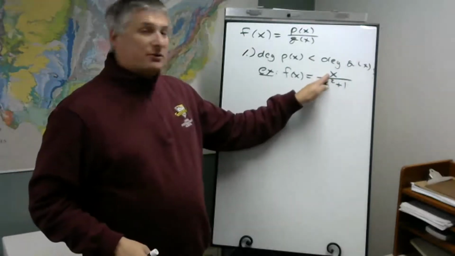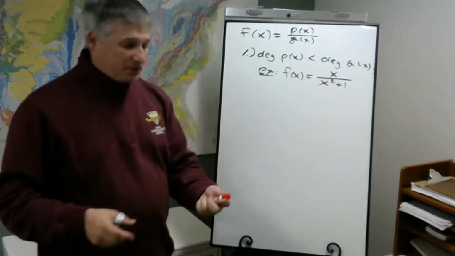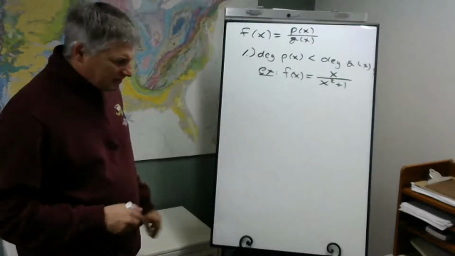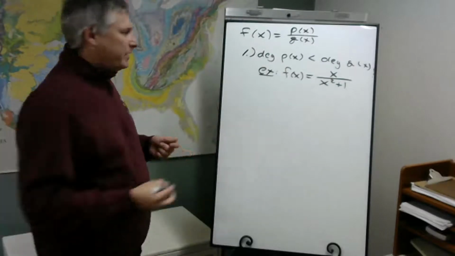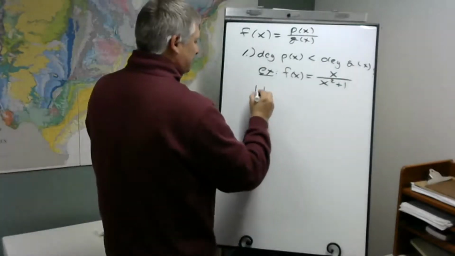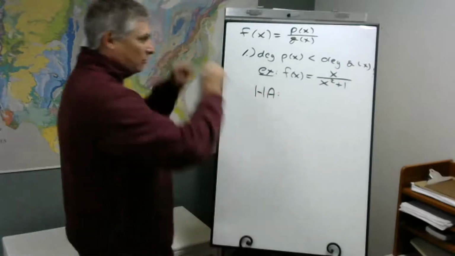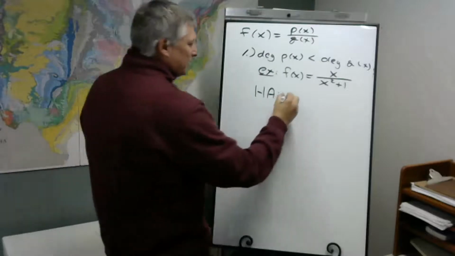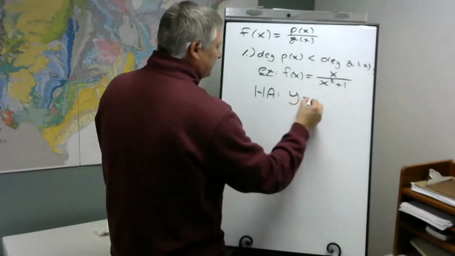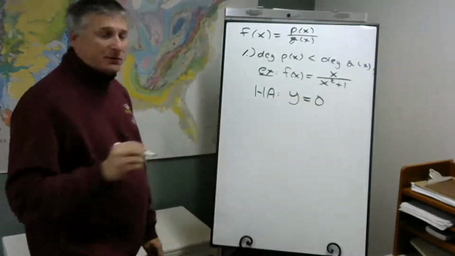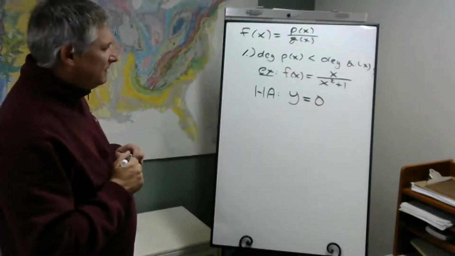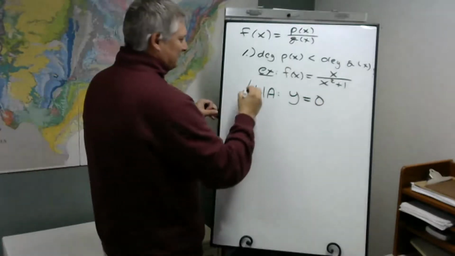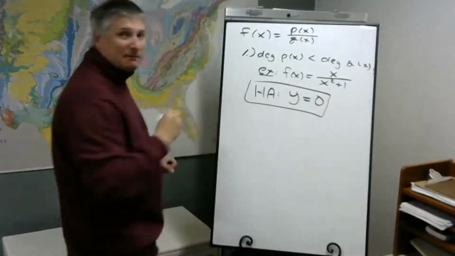Here, p of x has a degree 1, q of x has degree 2. For this type of situation, we have a horizontal asymptote. So it's a horizontal line the function settles upon ultimately. And that's always going to be y equals 0. So keep that one in mind.